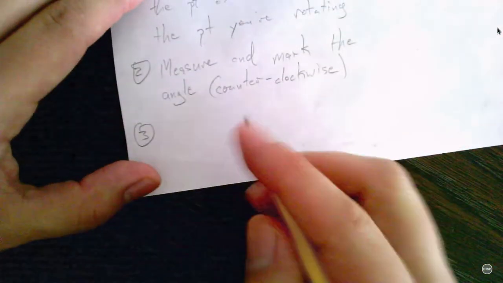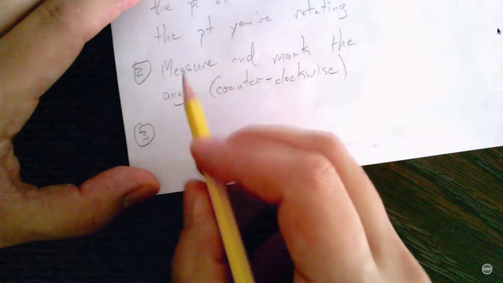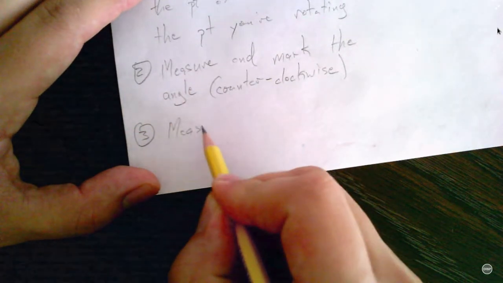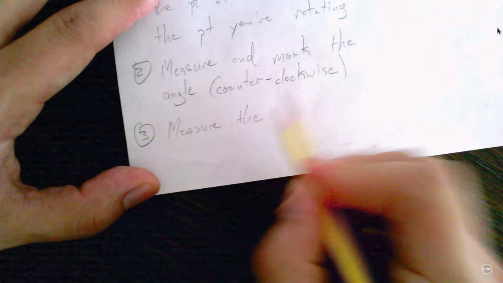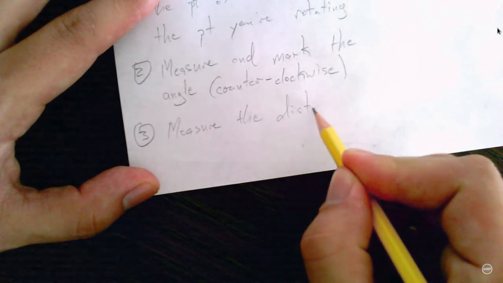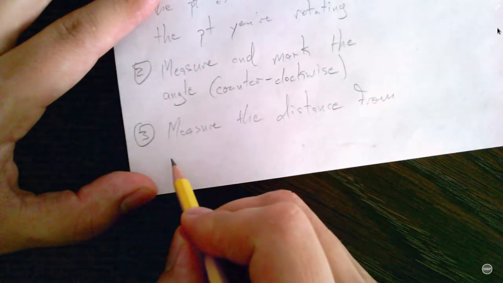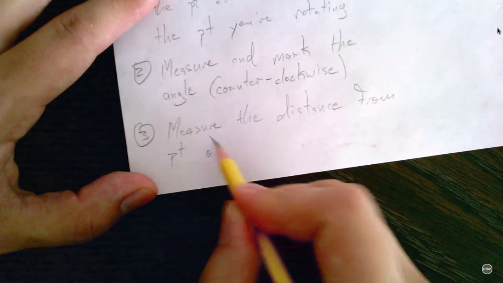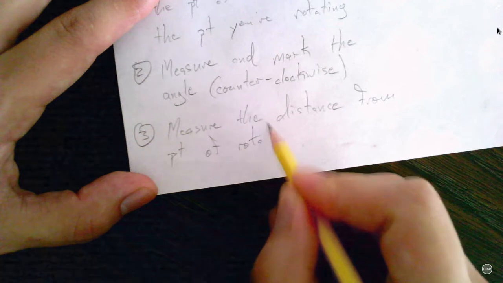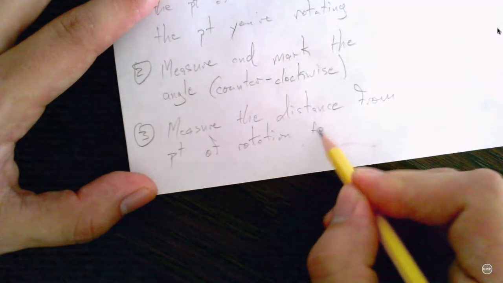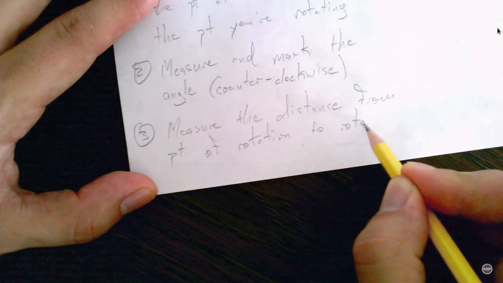Yeah, got space here, 3. Your third step is you're going to measure the distance from point of rotation to the rotated point.